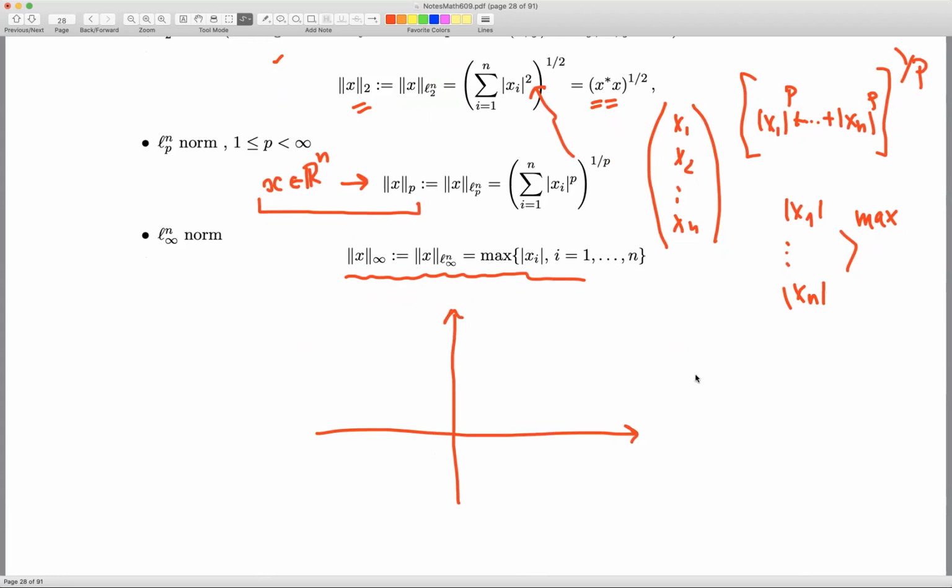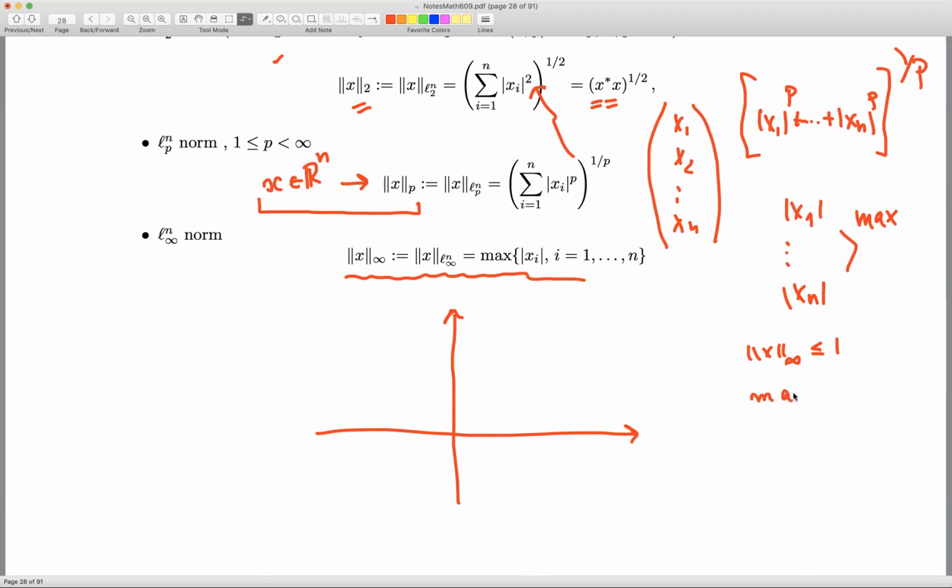What is the closed L infinity unit ball? This is the set of all vectors in R2 for which the infinity norm of x is less than or equal to 1. So what does that mean?